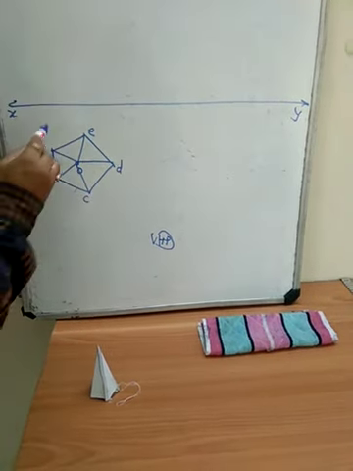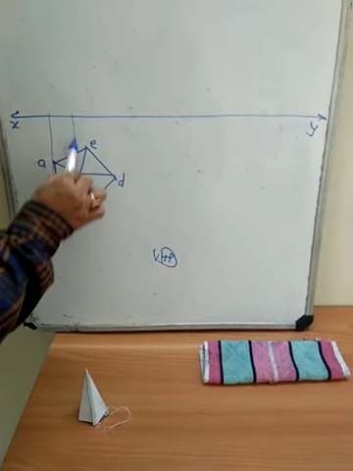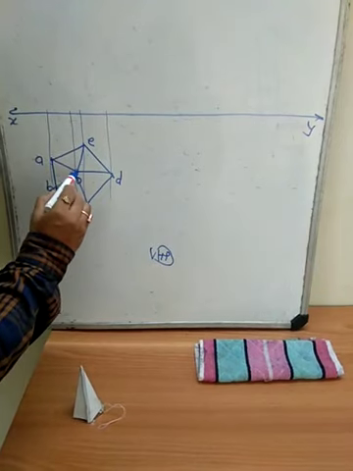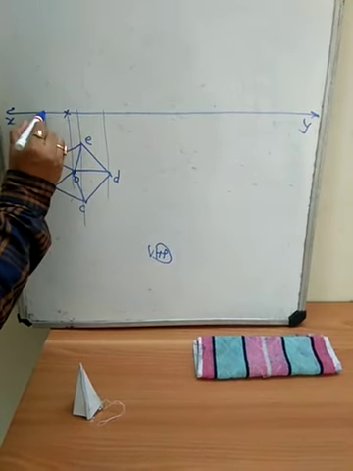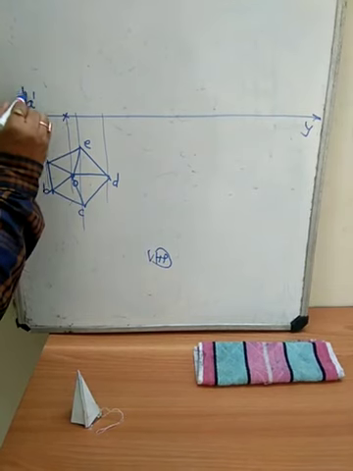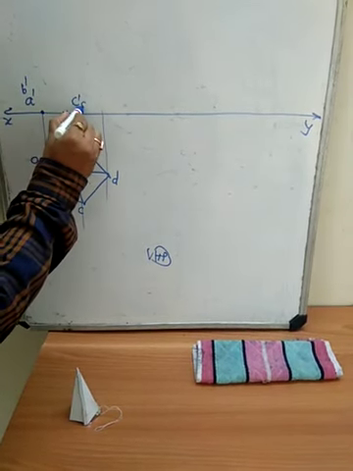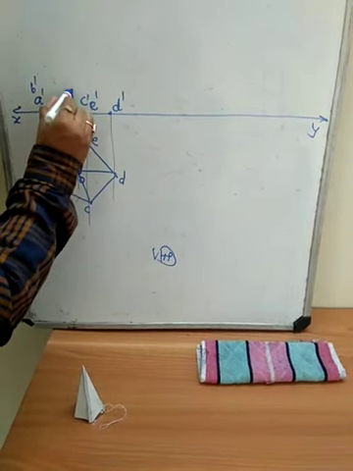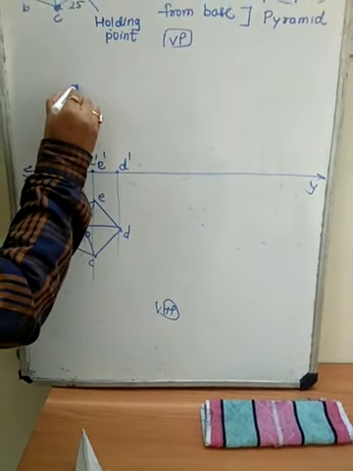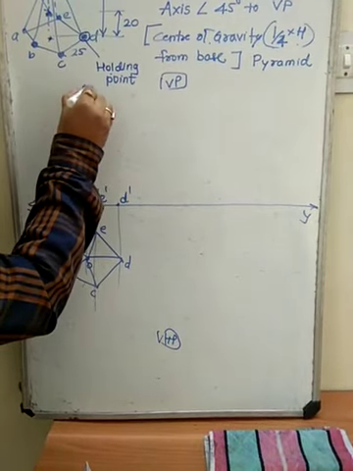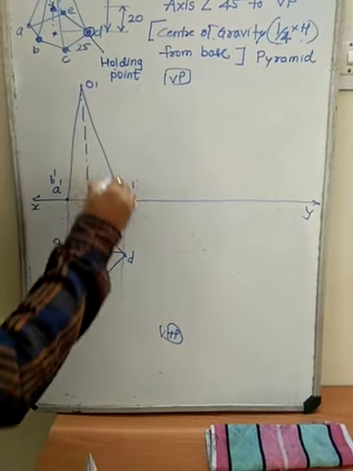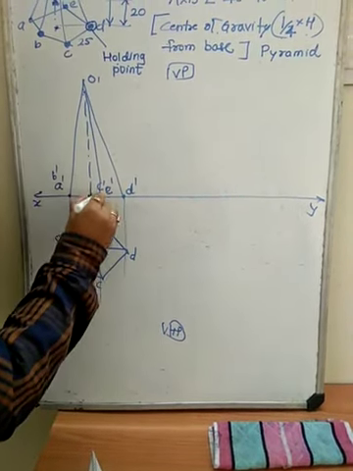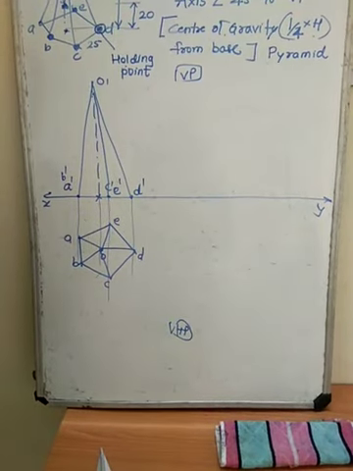This is the top view of the solid. The axis is 80 mm long. Now this is the front view and top view of the solid.